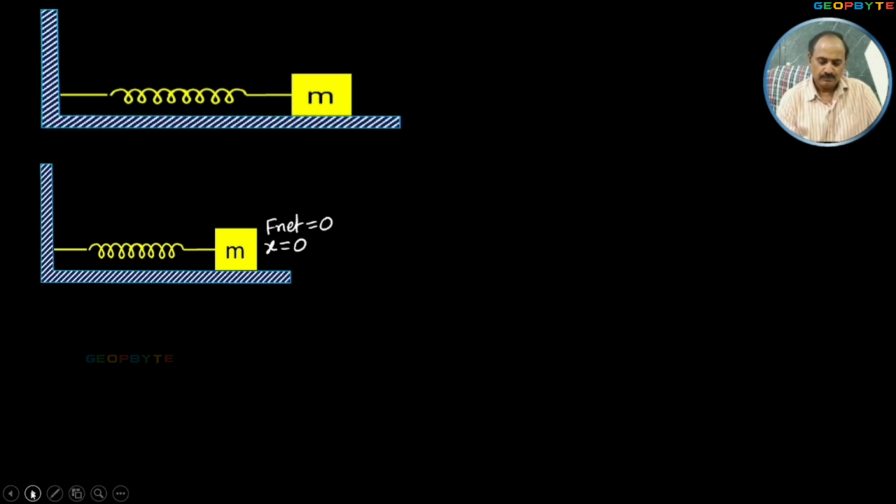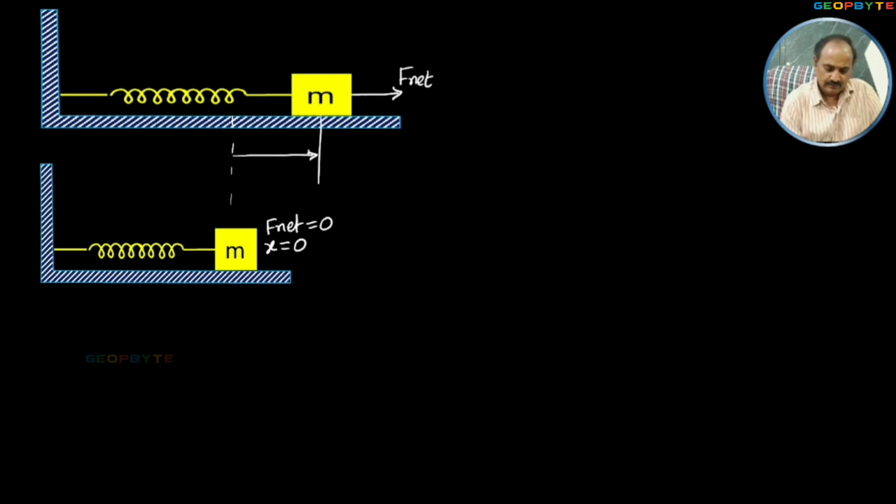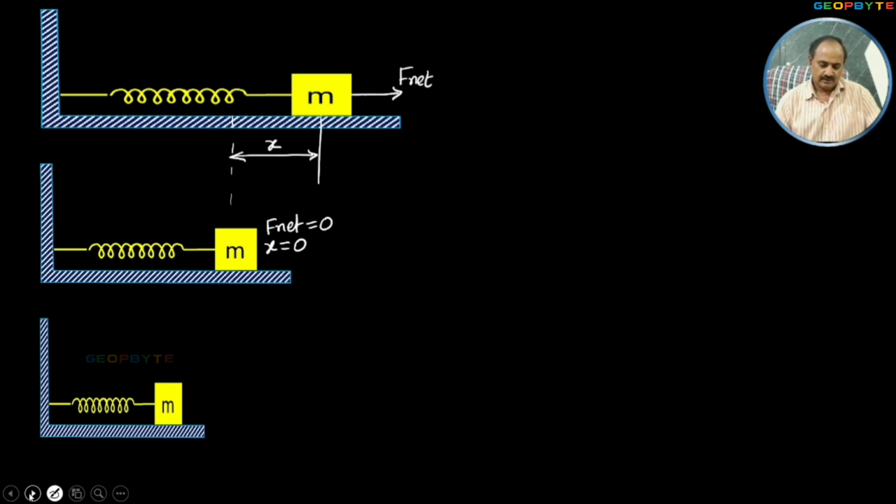But if I apply a tensile force, with the net force away from the end, the spring is going to deflect. From the mean position, the deflection of the spring is x.